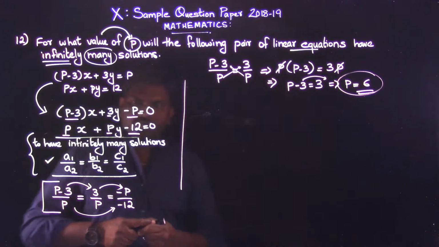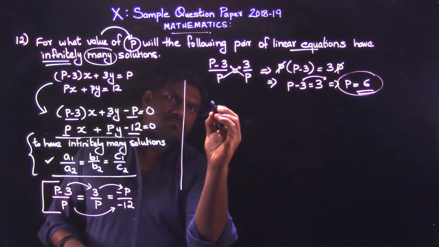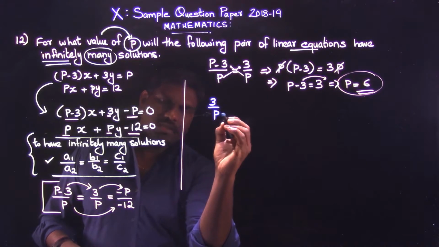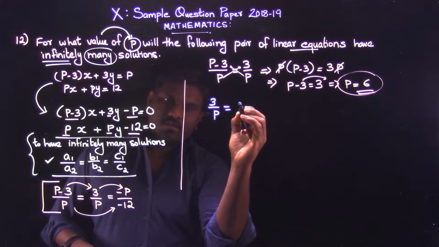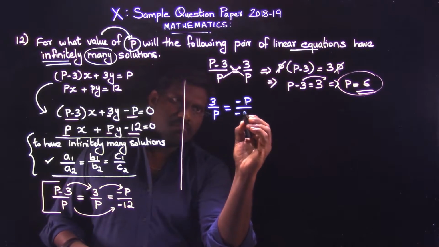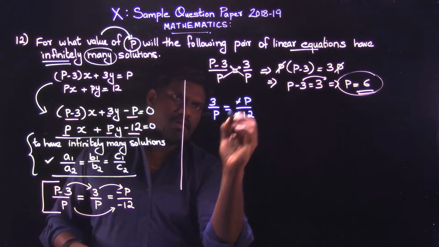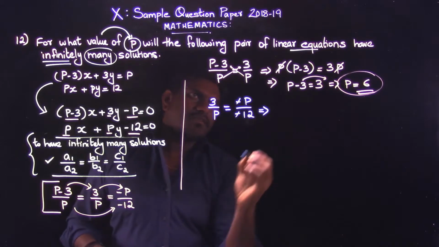Fine. Okay, now the second and third. 3 by P is equal to minus P by minus 12. The minus and minus we can cancel out here itself.